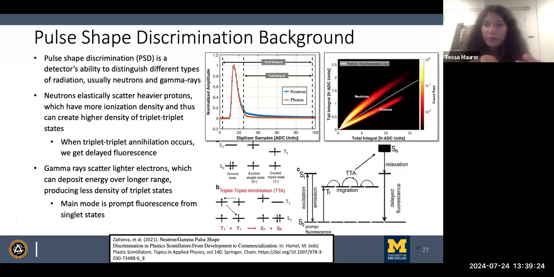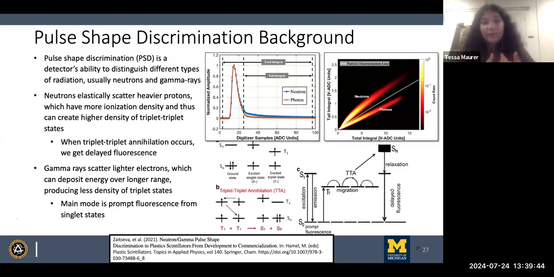So it's going to have a shorter range, and it's going to create a higher density of what we call triplet states. You can see a graphic down here describing that. And these triplet states, when there's a high density of them, are more likely to annihilate with each other. And when that occurs, we get delayed fluorescence.